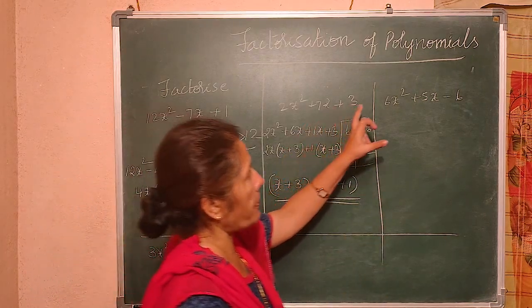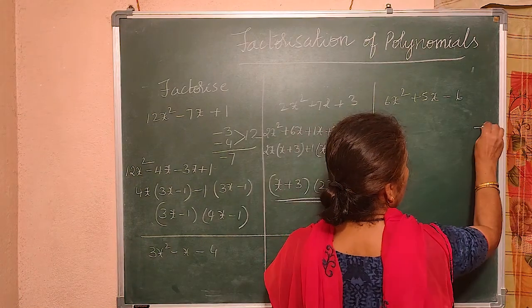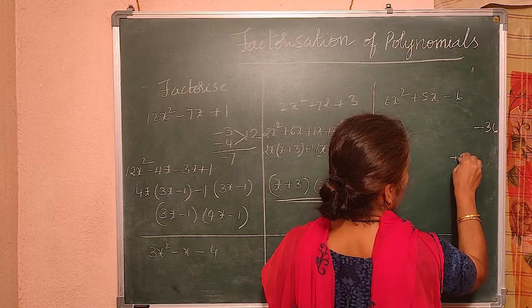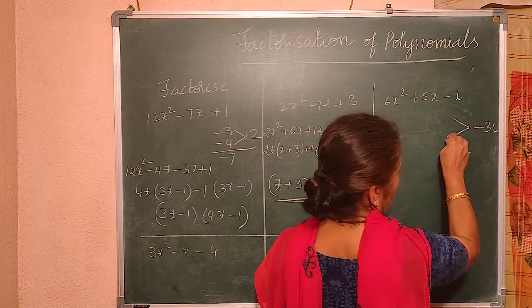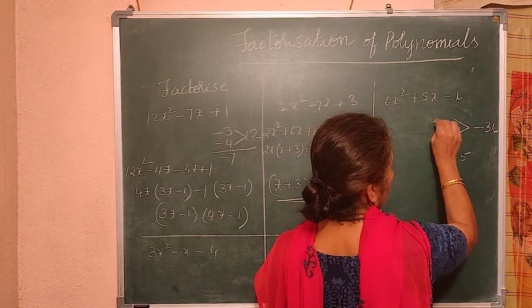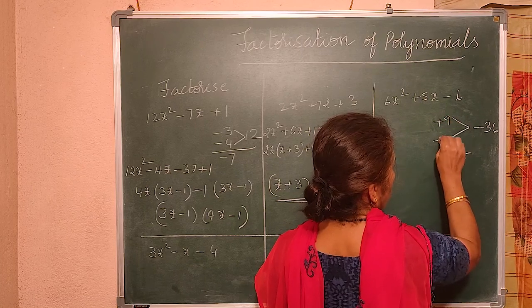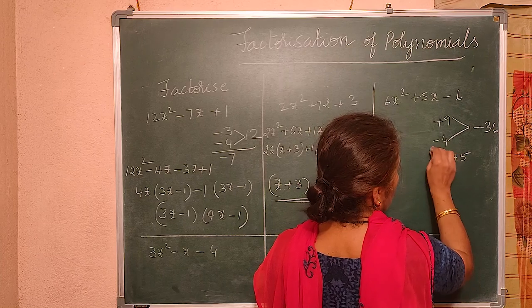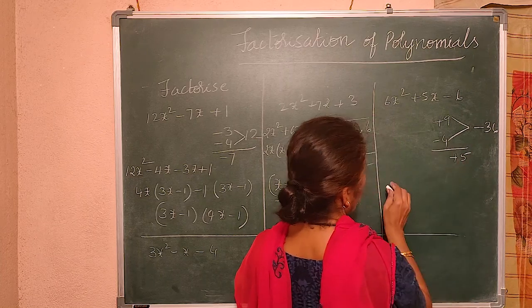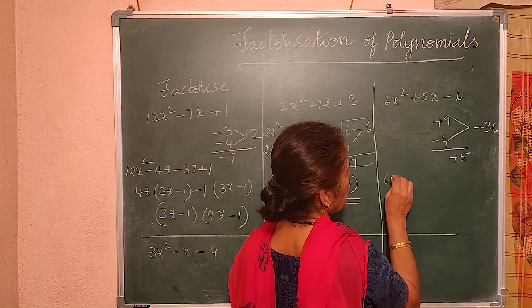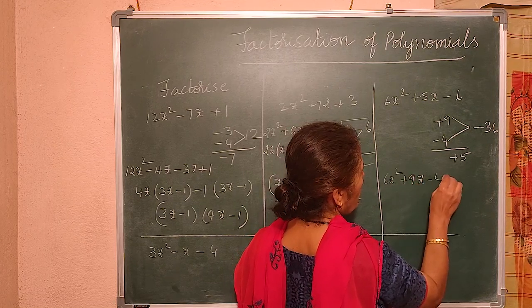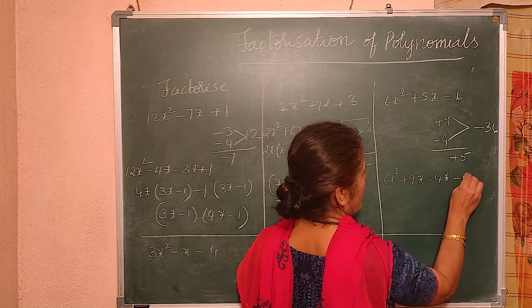Now, here the product has to be minus 36. The sum has to be plus 5. So one is plus, one is minus. I think plus 9 minus 4. 9 fours are 36. Plus 9 minus 4 is plus 5. So I write down 6x squared plus 9x minus 4x minus 6.